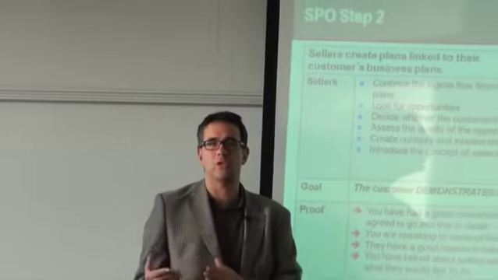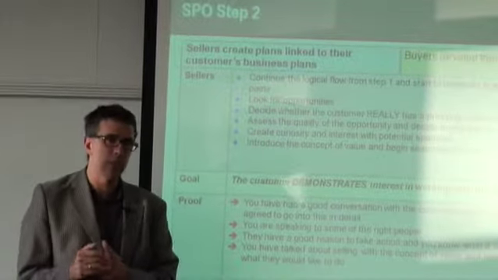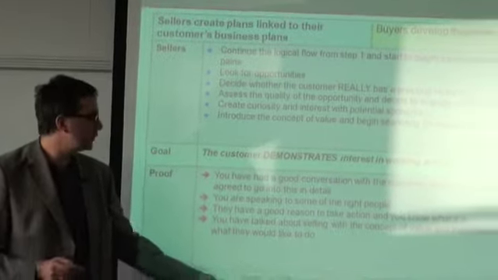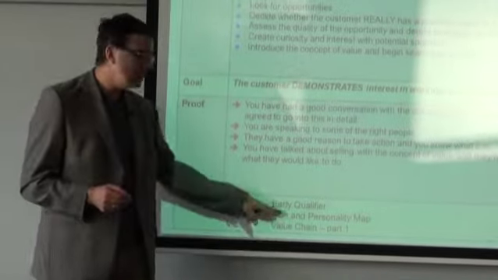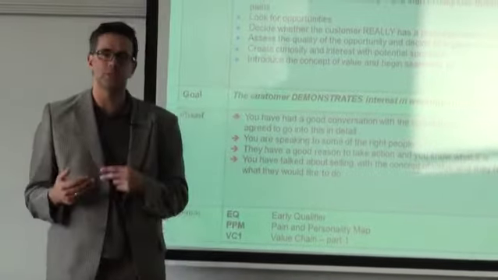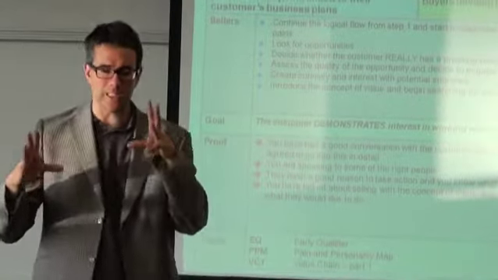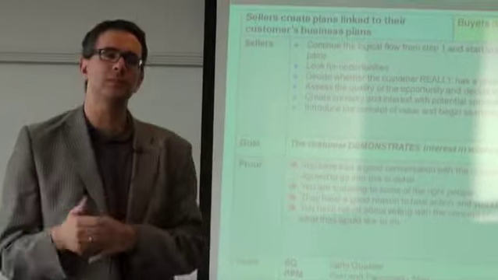Step 2 is the process of opening the door, of kickstarting the process, of gaining curiosity and interest to move forward. We have another sales tool that we look at in Step 2. The pain and personality map is a tool that we're going to use to address complex, large customer environments.